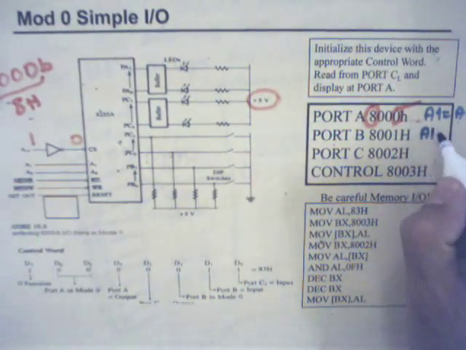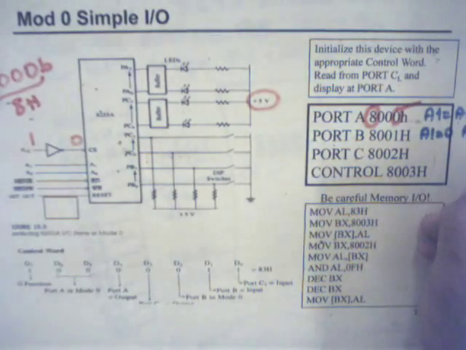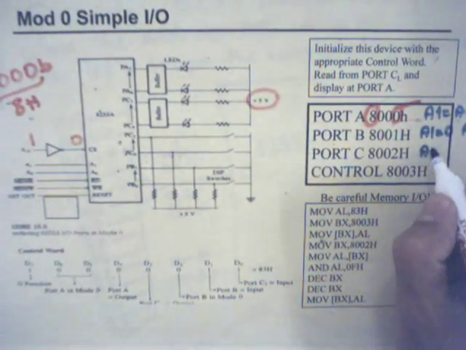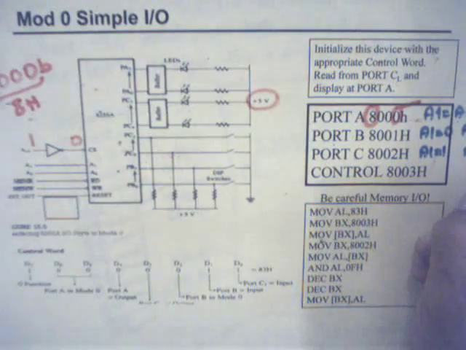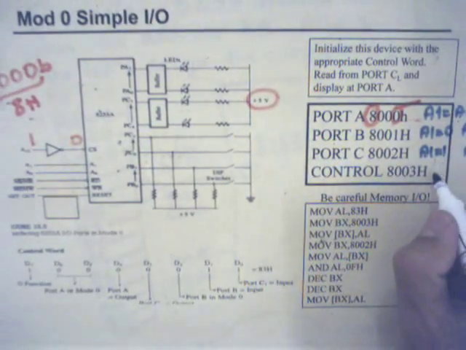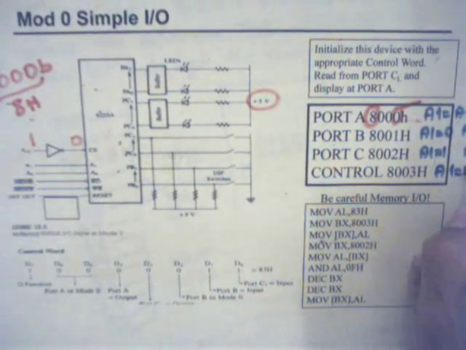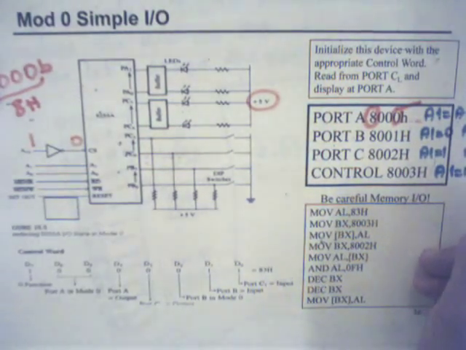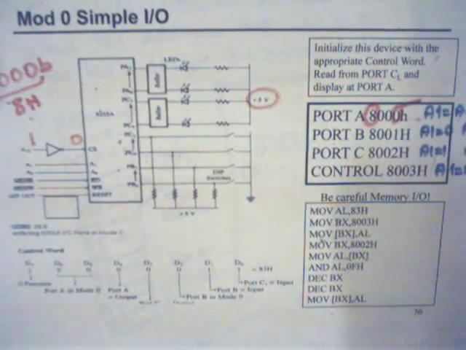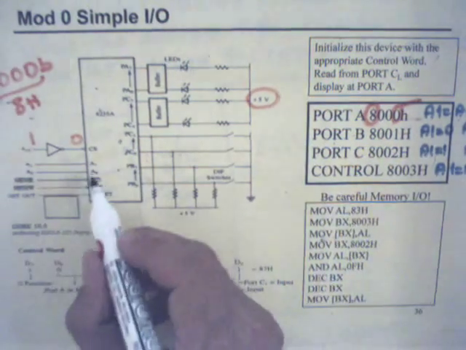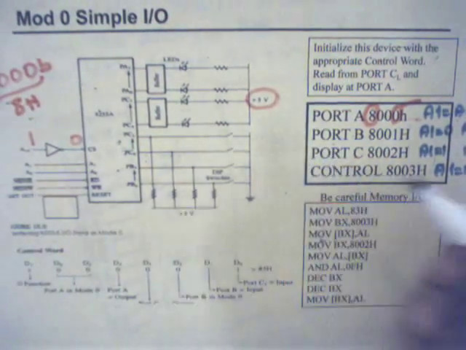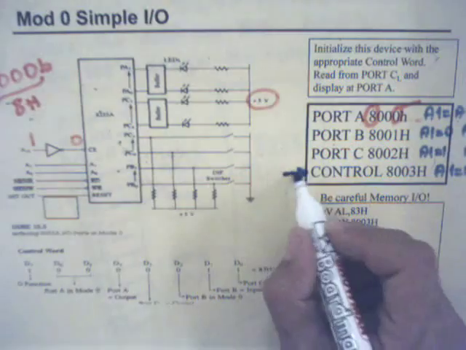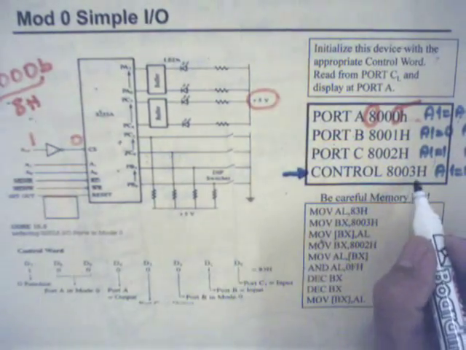A1 is 0, A0 is 1, A1 is 1, A0 is 0, and A1 and A0 are 1. So 4 different combinations determine the port selected, or more importantly, the control register is selected.